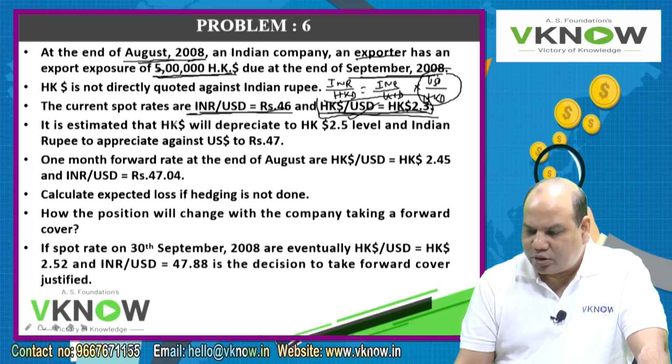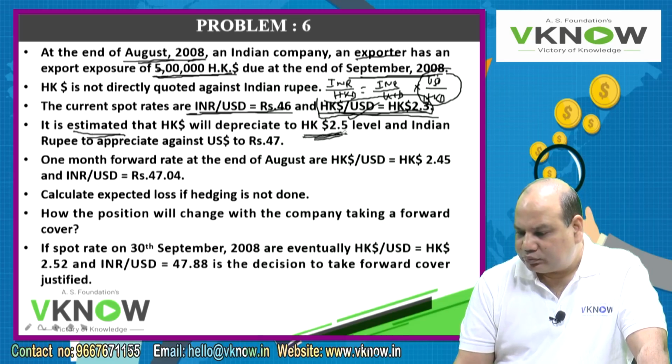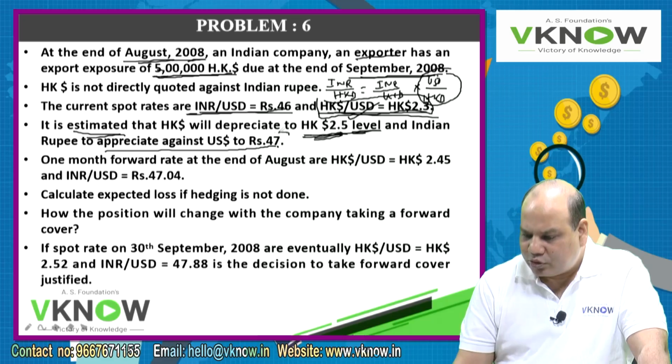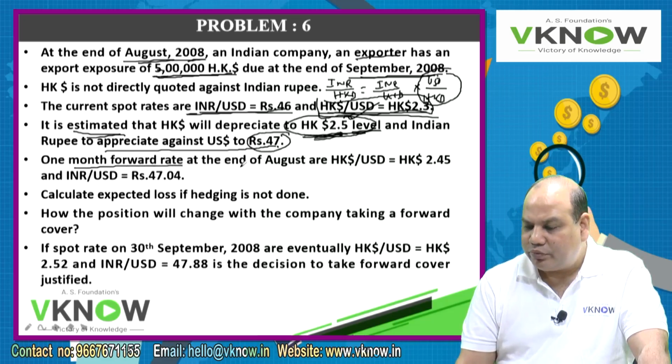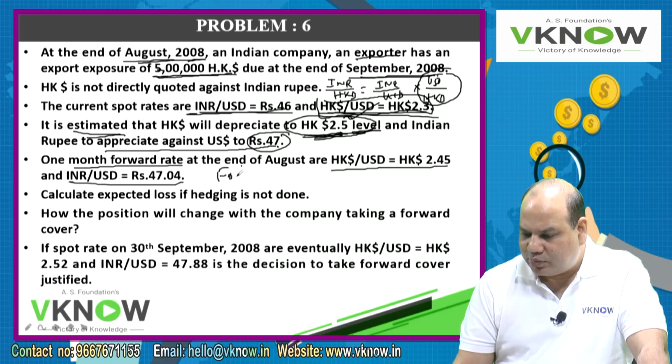It is estimated that HK dollar will depreciate to 2.5 level and Indian rupee will appreciate against US dollar to 47. So I will use these two rates to find estimated rate. The 1 month forward rates at the end of August are HKD per USD 2.45, INR per USD 47.04. So this will be for forward.